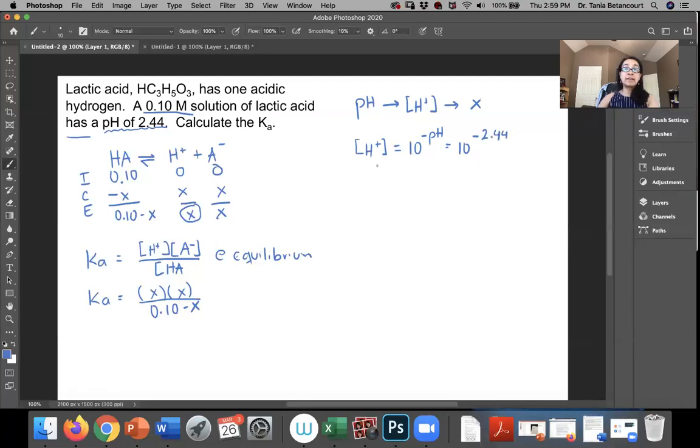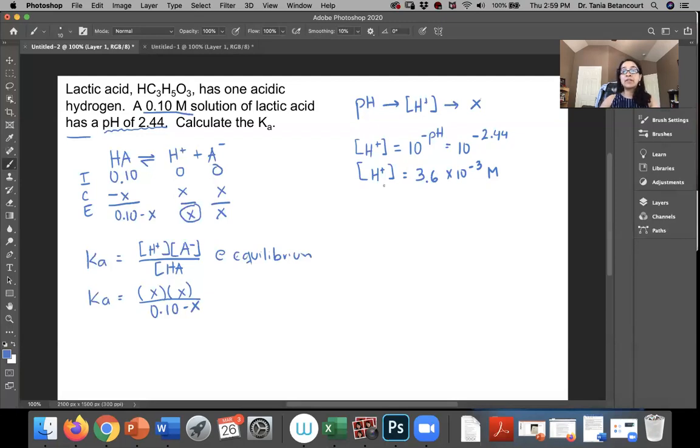And that gives us a hydrogen ion concentration at equilibrium equal to 3.6 times 10 to the minus 3 molar. Again, make sure that you are able to do this on your calculator. And if you have any questions, send me an email.